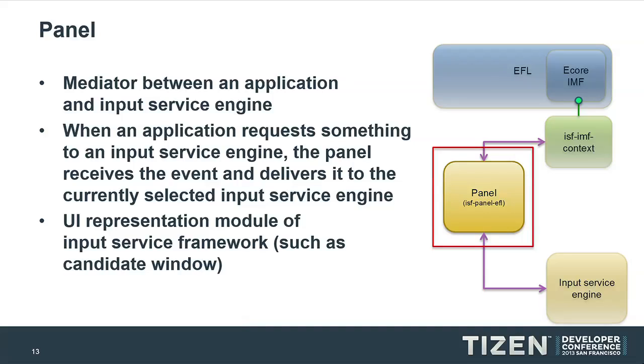So whenever there is a need to display a candidate window, the software keyboard engine or the hardware keyboard engine can request the panel process to display a candidate window. So in the Tizen platform, we provide a system-wide common candidate window that any hardware keyboard engine or software keyboard engine can use.